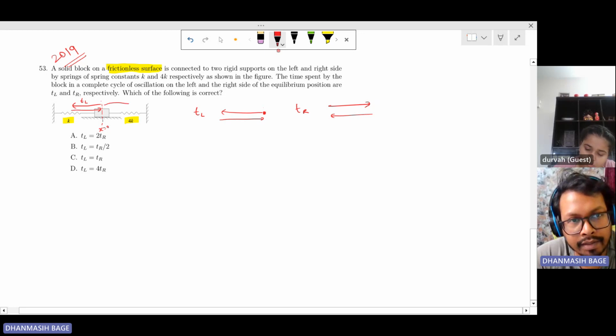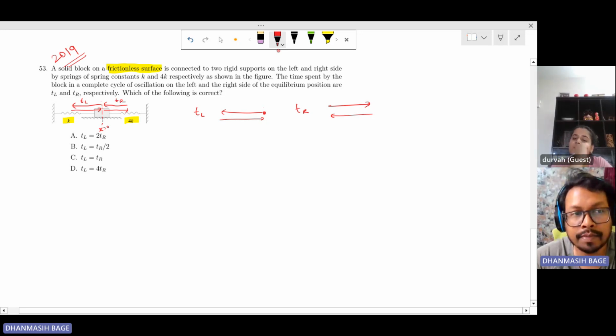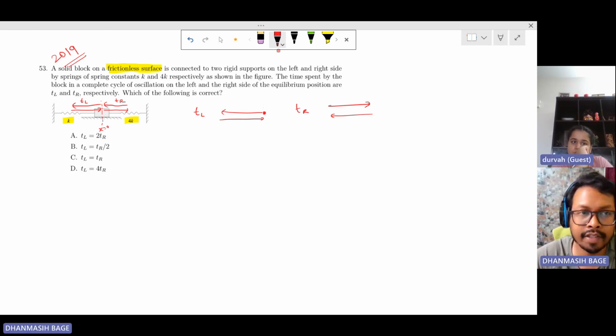It will go to the right and then again come back to the same position. This is called TR. Now, because the spring constants are not the same, what will be the time taken for the left journey or the right journey?